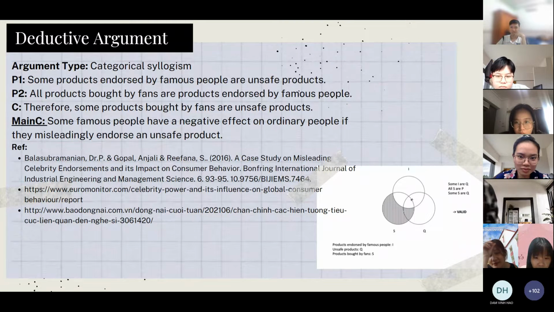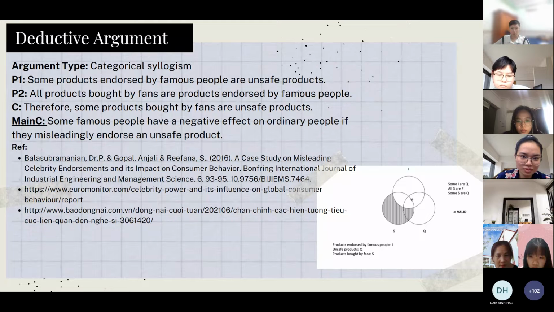I don't think so. Manan, you drew this one? Yes, I'm checking it one more time. So some products are endorsed by unsafe products. I'm looking at the conclusion and I check with the Venn diagram. The Venn is correct. But then, this is not a valid argument.